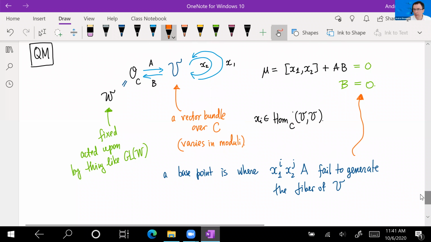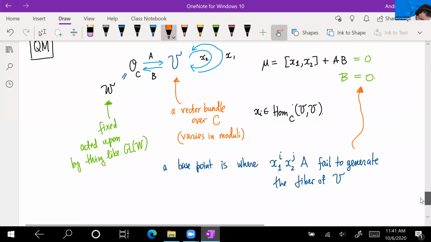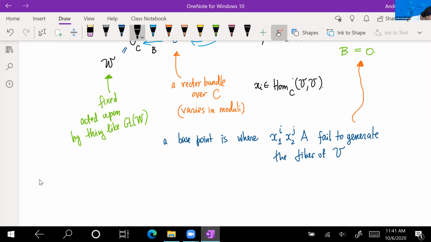Okay. And now I claim that this is in fact identical to something. So what does it mean? It means we have a bundle V plus two operators x1, x2 on it.